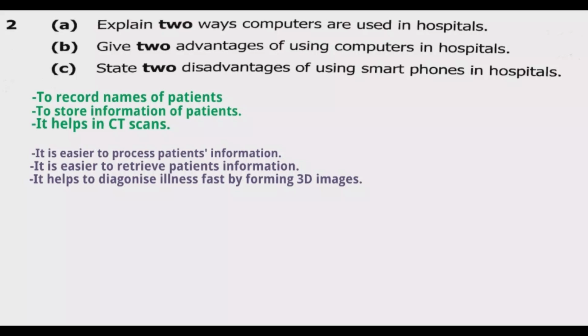So it will be easier. Computers help in locating the illness of a person. When you use a computer, it will help you to find the ailment or the disease of that person. So it means that they make the job of the health personnel easier. The computer will help them to do the work easily.